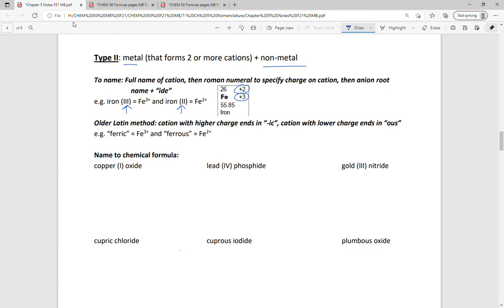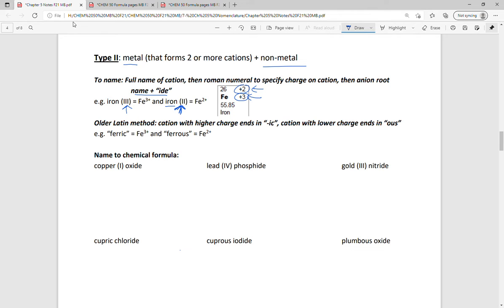And so in naming the compound, you spell out which combining capacity, which ion is actually being used in that compound. So it's very similar. It's still that first, the cation name, and then the anion root name and the ide. So it's really just different with this number specifying which charged ion you've actually used in that compound.